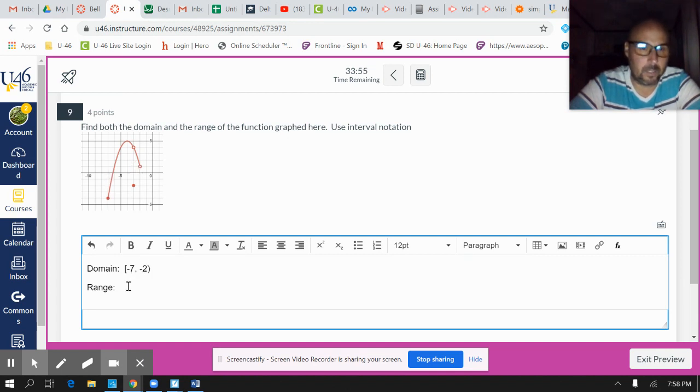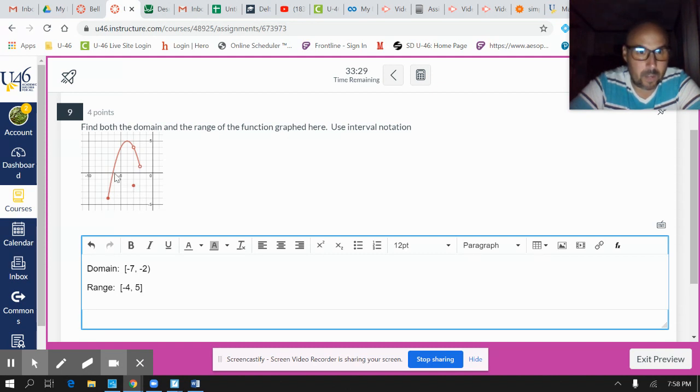The range is from -4 to 5, including. Every y value between -4 and 5 is included. Obviously, -4 is included. It's right there. -2 is included twice, right here and right here. 0 is included.